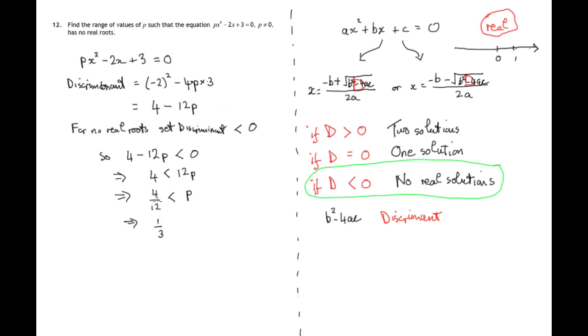We cancel the factor 4 from top and bottom of this fraction. So we're getting very close to the answer. We know now that 1/3 is less than p, or putting it a more sensible way, all the values that were allowed are greater than 1/3. So that's the required range of values.